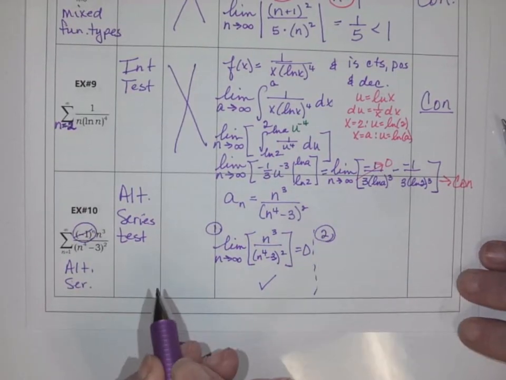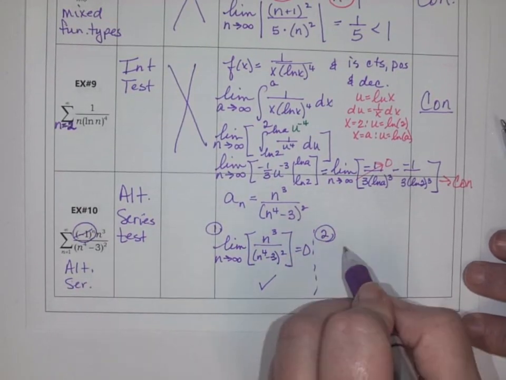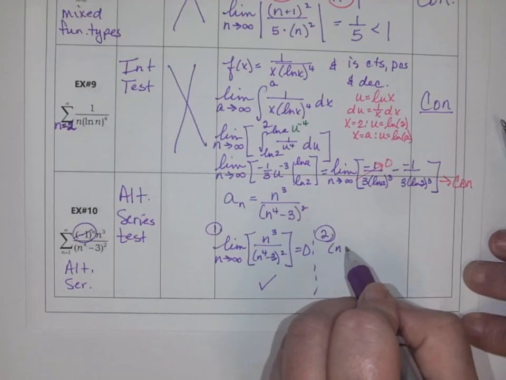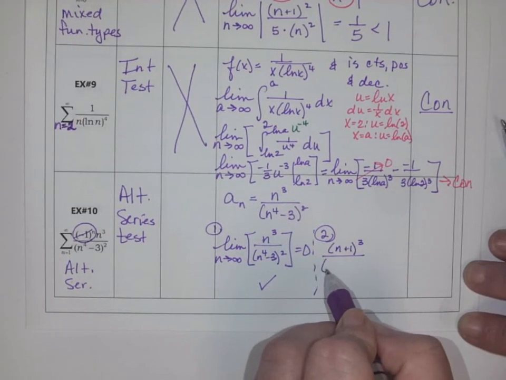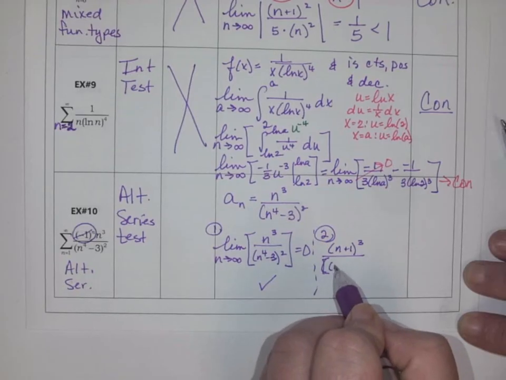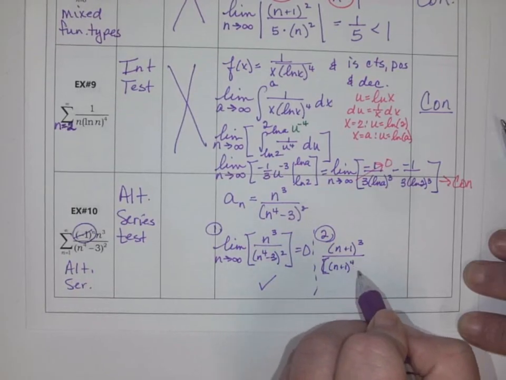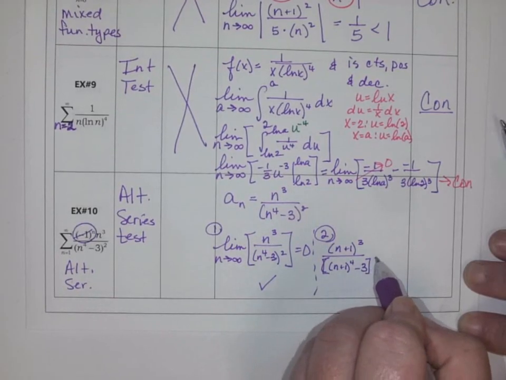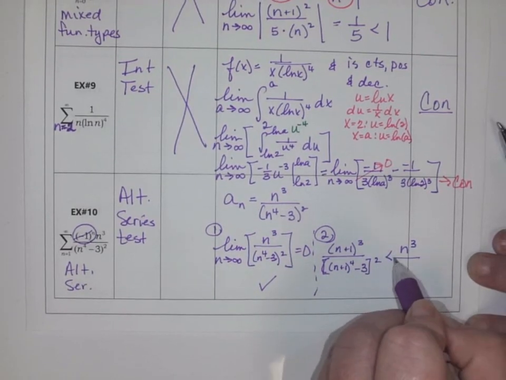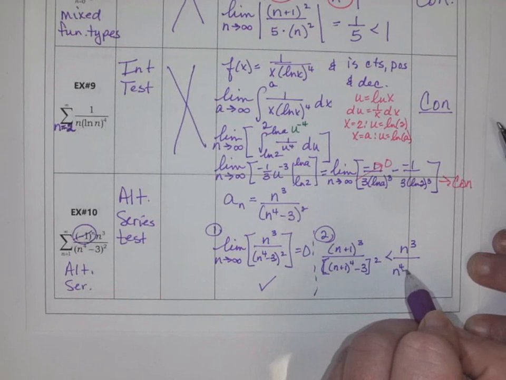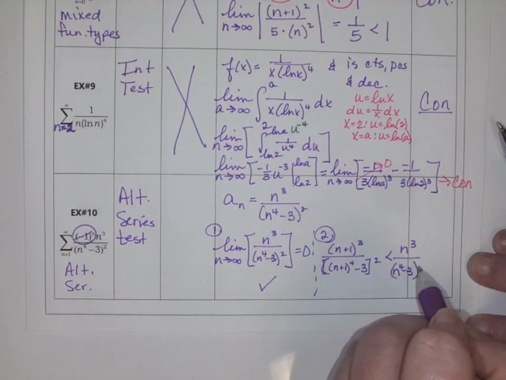Second condition is that it is decreasing. So we're going to do n plus 1 cubed over, let's see, that's going to be n plus 1 to the fourth minus 3 squared should be less than n cubed over n to the fourth minus 3 squared.